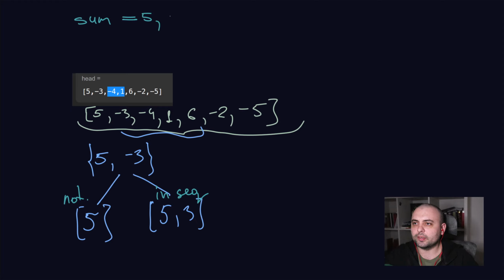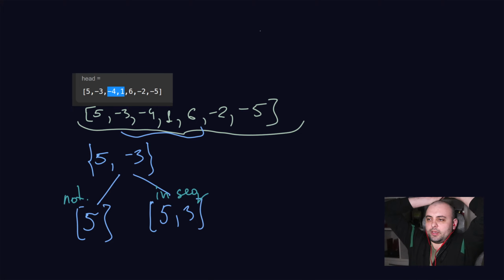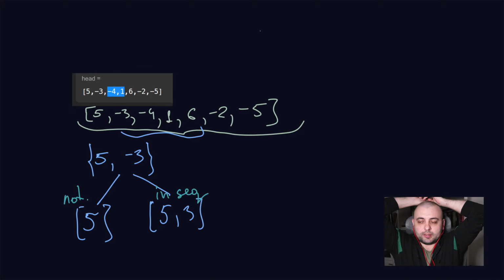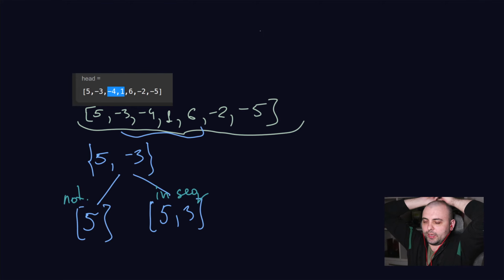Then it will be 2, because we reduce -3. Then it will be -3, then -2, and then 4. Doesn't give anything. Okay, yeah, that's a pretty interesting problem though.